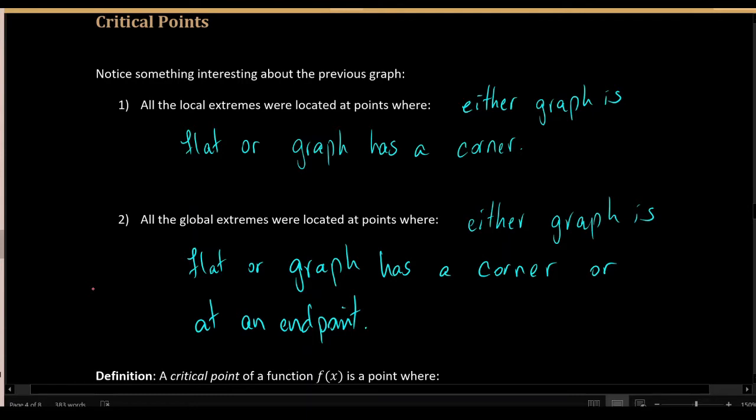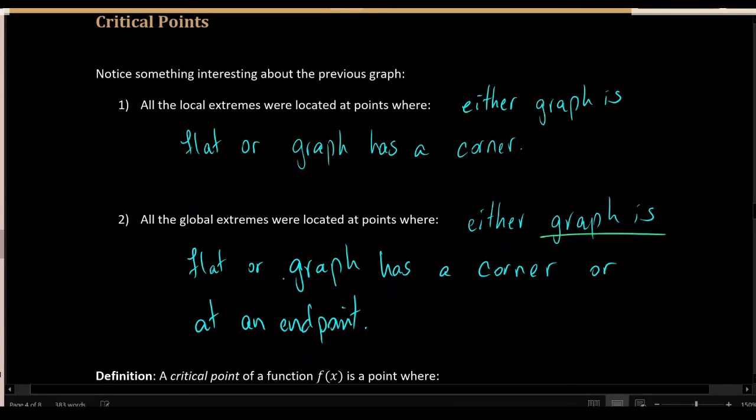So imagine that you are analyzing a graph and you want to achieve the absolute best, whatever the best means in your scenario. The best is going to be located at the global max or at the global min. So if you're looking for a global max or for a global min, you only have to look in basically 3 different locations.